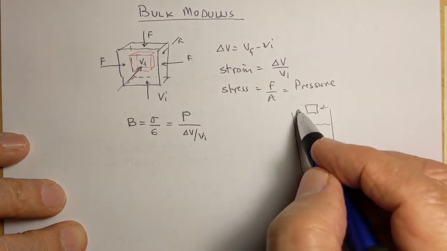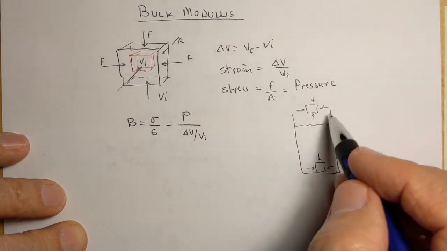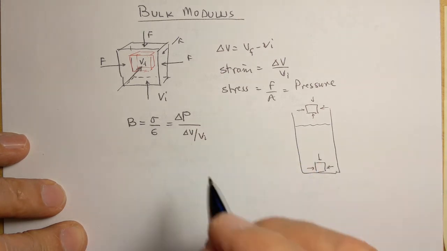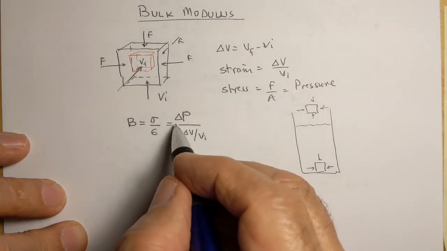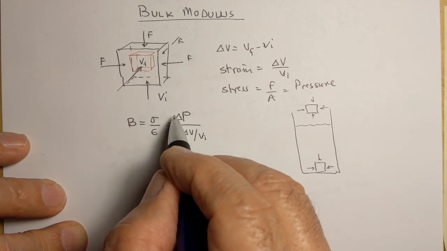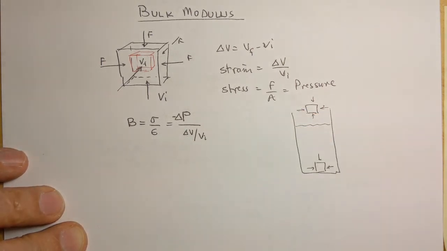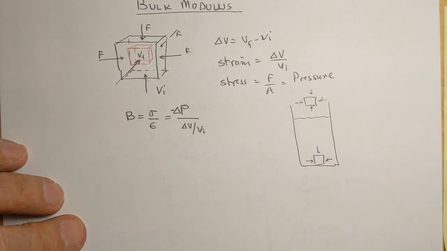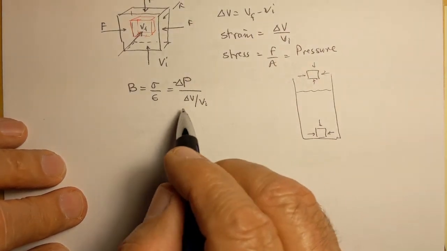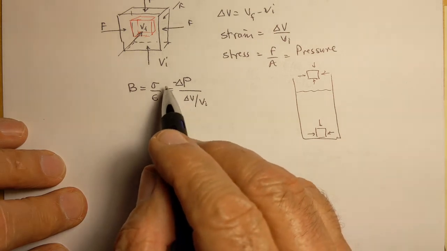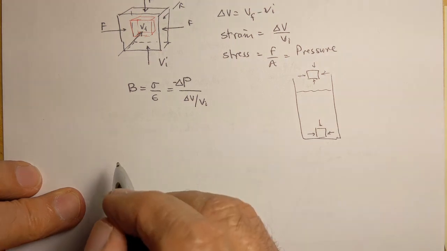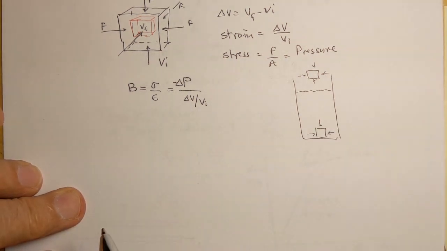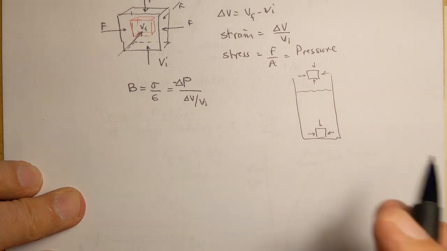Now, because there was also an atmospheric pressure here, which was smaller, and a bigger pressure here, we can write that as a delta P. And so we could say that the bulk modulus is stress over strain, and we put a negative sign to account for that, because this would be negative. When the pressure is positive, this would be negative, and so the bulk modulus comes out positive. Now, all of these moduli, or this one also, are of the order of 10 to the power 10 newtons per square meter.